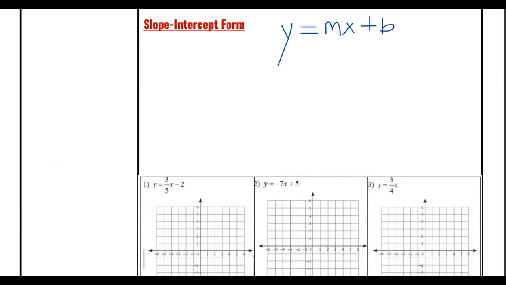Okay, and I know you saw this in Algebra 1, so this is a review for sure. Okay. Y is going to come from a y coordinate. You've seen that before. X is an x coordinate. But m is the slope. We just mentioned that above. And b stands for the y-intercept.